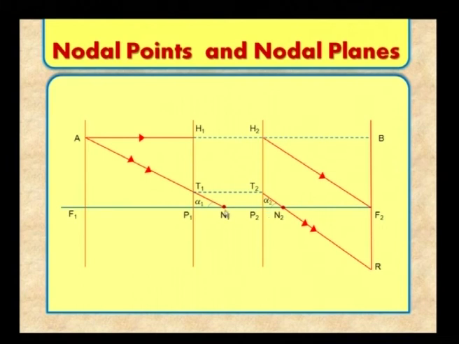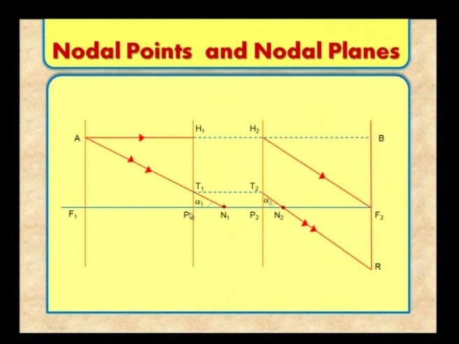Remember, the light ray does not undergo any deviation. The light ray is coming from A, incident at N1, and so the light ray which is falling at T1 goes to T2, and you have the ray going with angle alpha 2, T2 to R. Remember, the light ray does not undergo any refraction while passing through the nodal points.